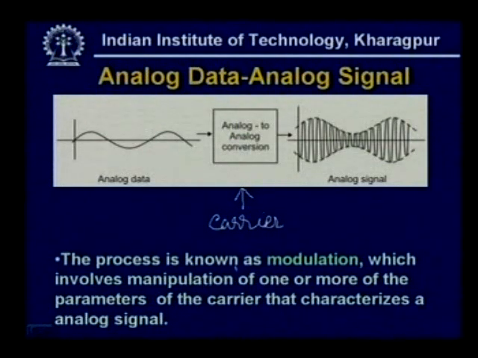This carrier is essentially a sinusoidal signal. As you know, whenever a particular analog signal is sinusoidal, there are three important parameters by which the signal can be characterized: the amplitude, phase and frequency. Either one of them individually or a combination of them is modified to generate a signal which is known as the modulated signal.